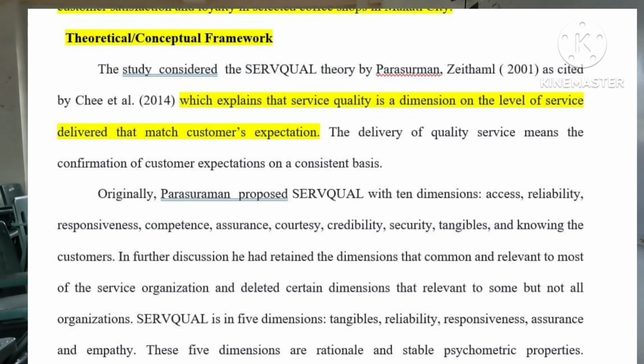Ang sabi dito, that service quality is dimension on the level of service delivered that match customers' expectation. Kung itutuloy-tuloy natin, yung laman ng teorya na ito ay what? Yung mga dimensions, access, reliability, responsiveness and competence, assurance, courtesy, credibility, security.